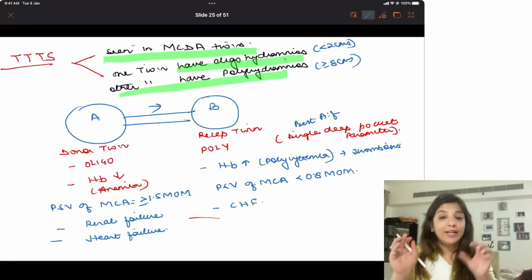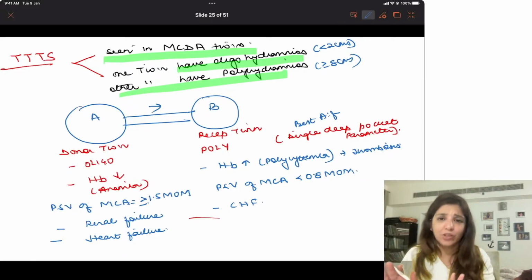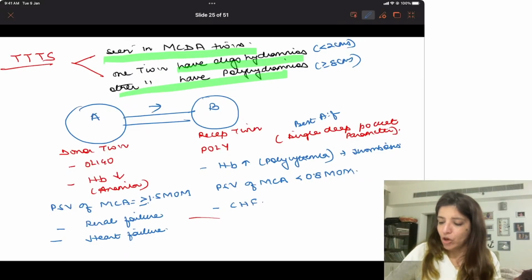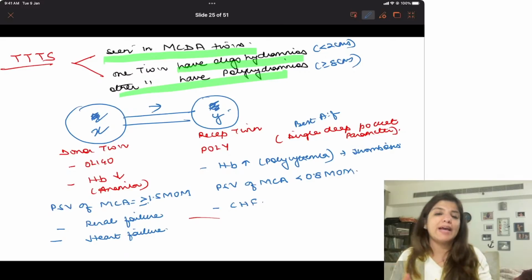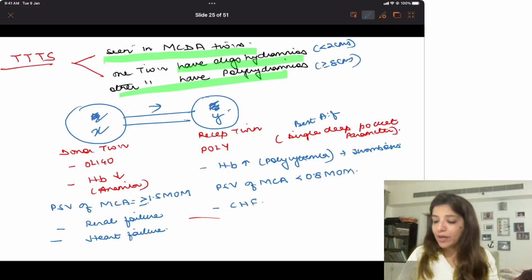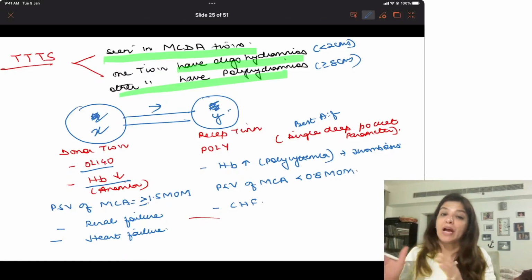Right? Now, in twin-to-twin transfusion syndrome, one of the twins will be a donor twin, other twin will be a recipient twin. Over here, A and B is not what it was in the question. So I'm not talking about A and B like this. I'm just keeping it X and Y, otherwise you'll get confused. Suppose X is the donor twin and Y is the recipient twin. So donor twin will have oligohydramnios. In donor twin, hemoglobin will be less because it is giving blood, so there will be anemia.